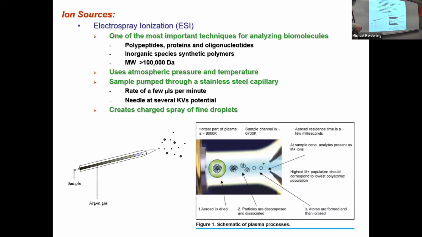Electrospray ionization, where you run it through a capillary and spray it out, but the capillary is charged, and then the solvent evaporates off, leaving behind the charge that was put onto the droplets, the aerosol.